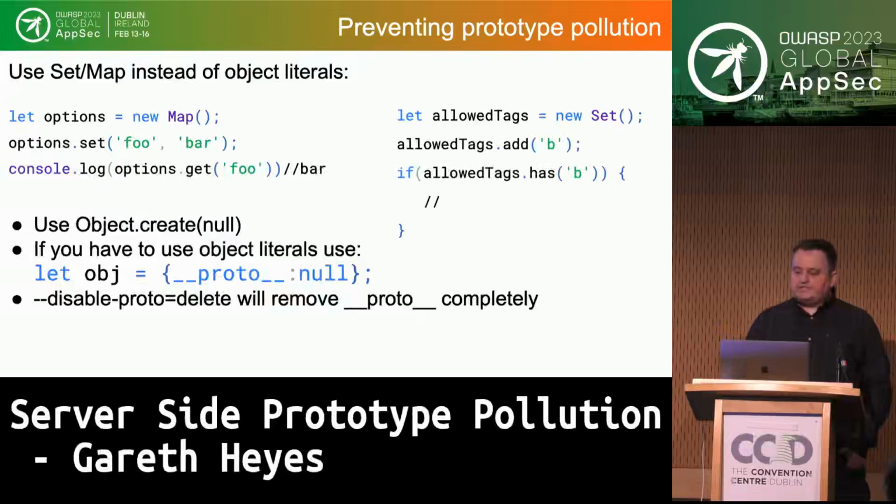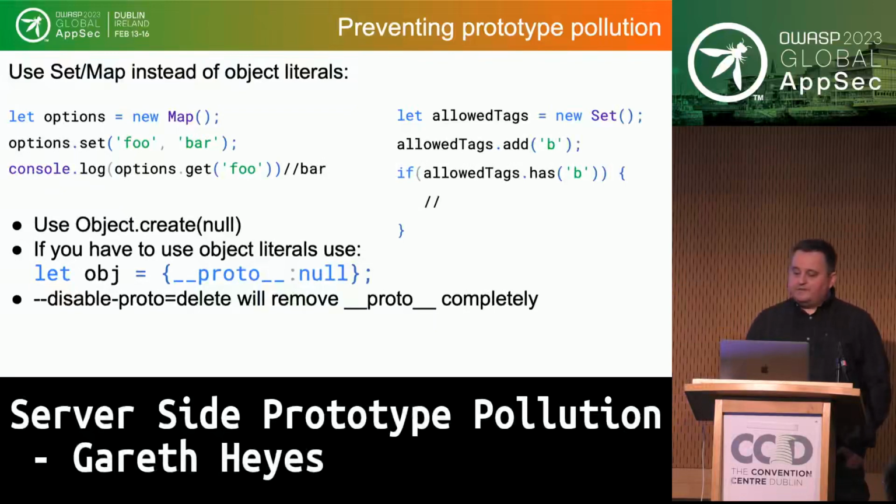Set is used when you have a list of values to check, and Map is used when you have a key value per combination. If you cannot use Map or Set, then you can use the Object.create API with a null prototype. So you just call Object.create with a null value, and that will create a non-inherited object that doesn't inherit from the object prototype.